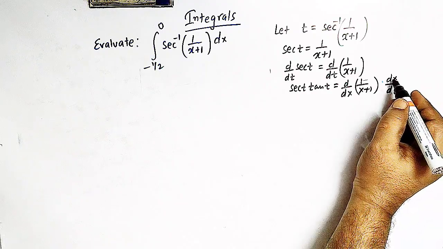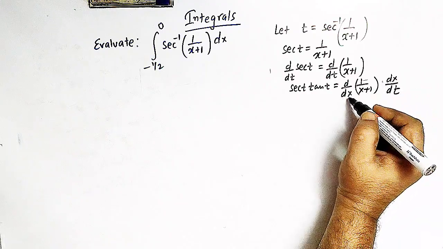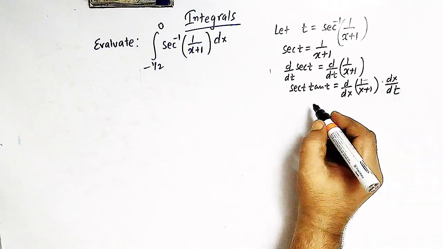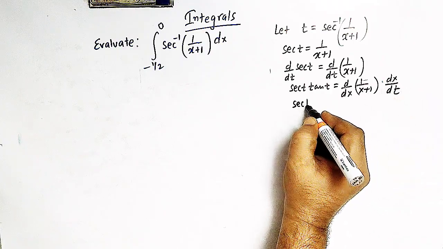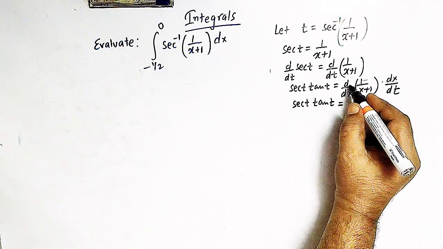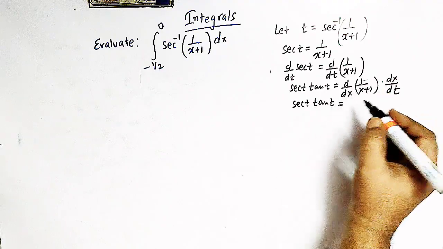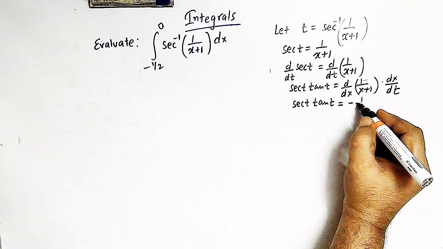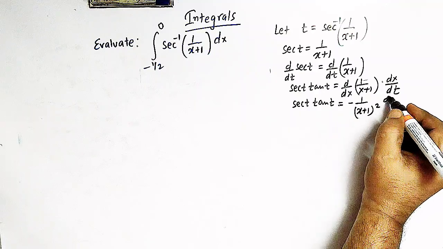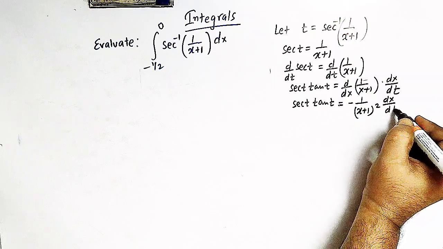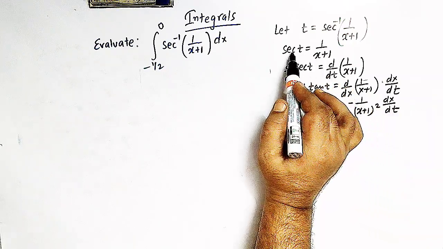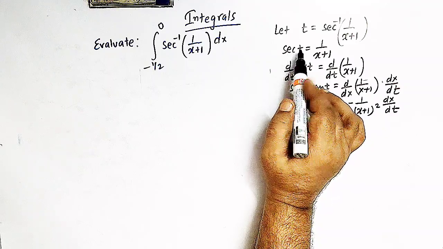So by chain rule we have written d by dx of 1 over x plus 1 and then dx over dt. So we can now write secant t tan t, and the derivative of 1 over x plus 1 is minus 1 over x plus 1 square, and here we have dx over dt. Now see, 1 over x plus 1 is equal to secant t.